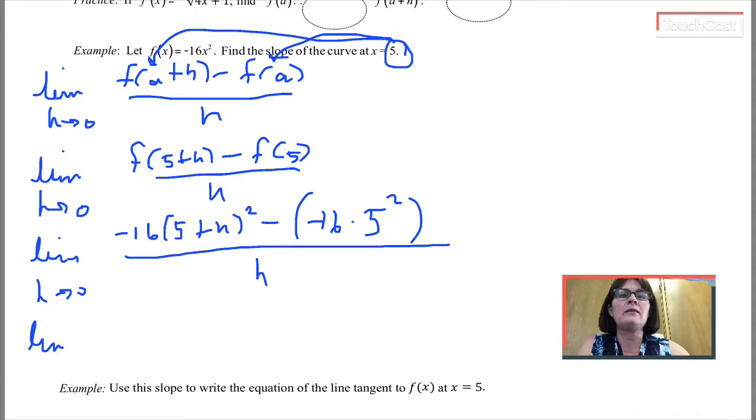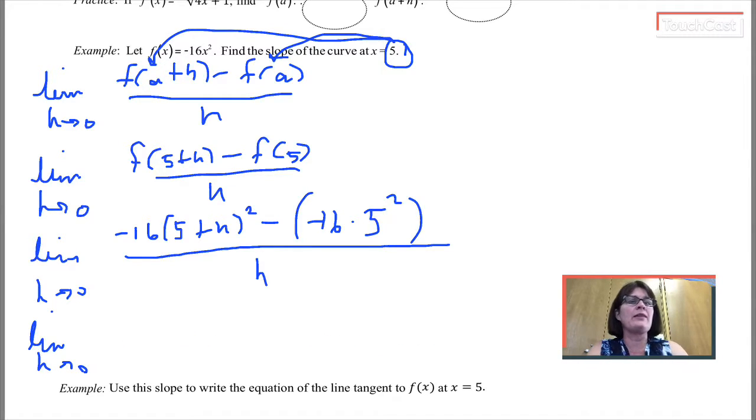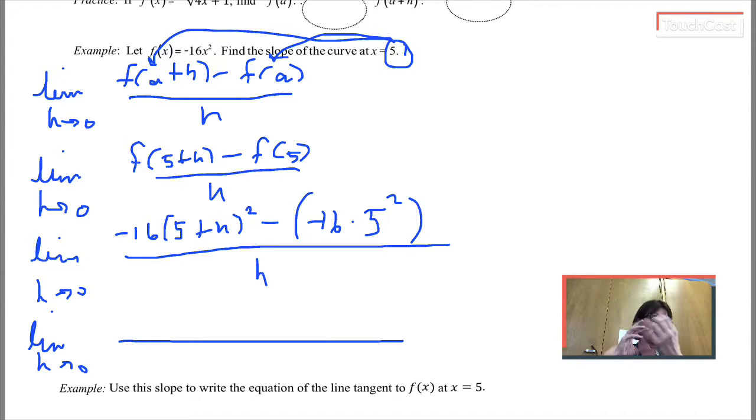So it's going to be the limit as h goes to 0. I'm going to have to do all that algebra I did back in 2.1. How can I simplify this expression? Because right now, if I replace h with 0, I'm going to divide by 0, which I know is not going to be good for anybody. So I'm going to have to multiply out that numerator, see if I can simplify to look for common factors to cancel out. So it's going to be negative 16 times, I'm at the place where I multiply binomials in my head.